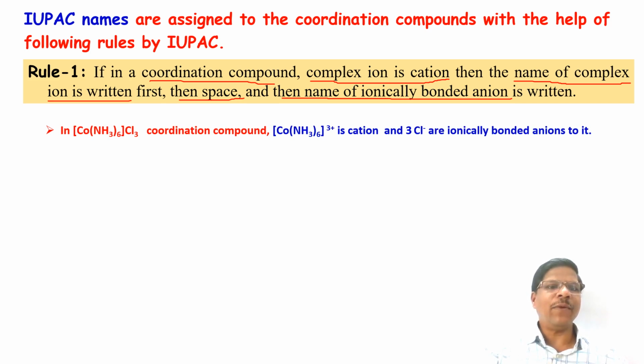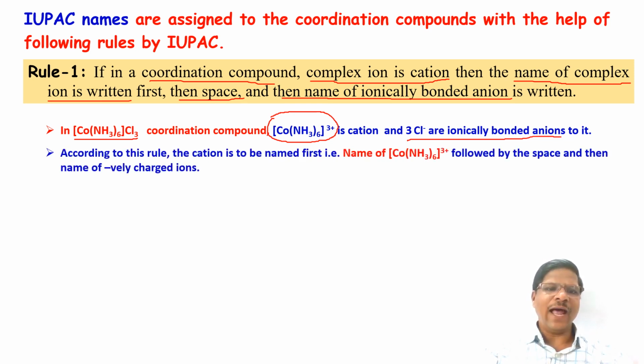So we have the example [Co(NH3)6]Cl3. If you see in this coordination compound, [Co(NH3)6]3+ is the complex ion, and this complex ion has 3+ charge, that is, it is a cation, while 3 chloride ions are ionically bonded with the complex ion.